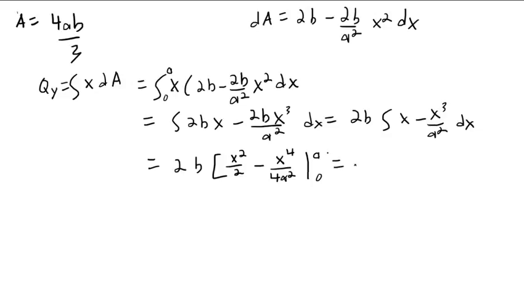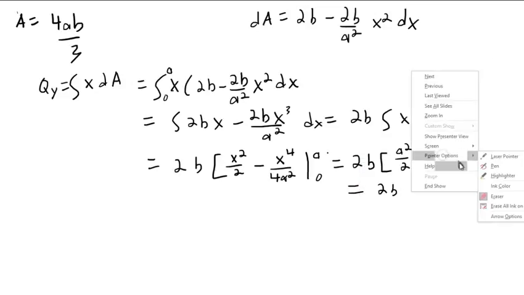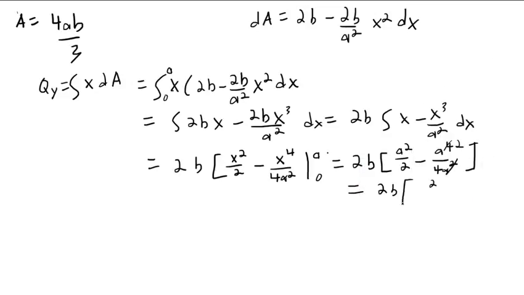So then this is 2b times a squared over 2 minus a to the fourth over 4a squared, which becomes a squared over 4. So this is 2b times a squared over 2 minus a squared over 4, which is 2b times a squared over 4.